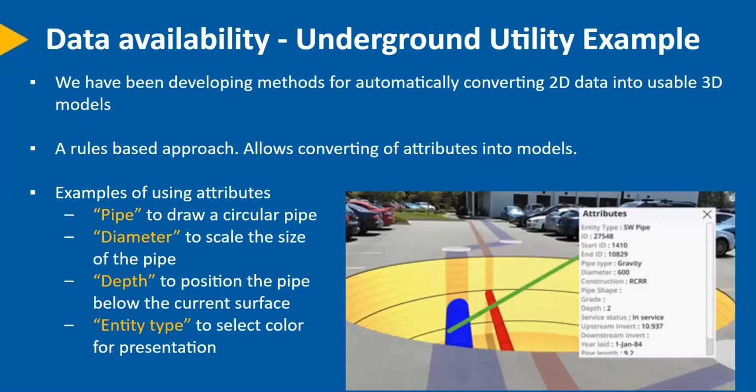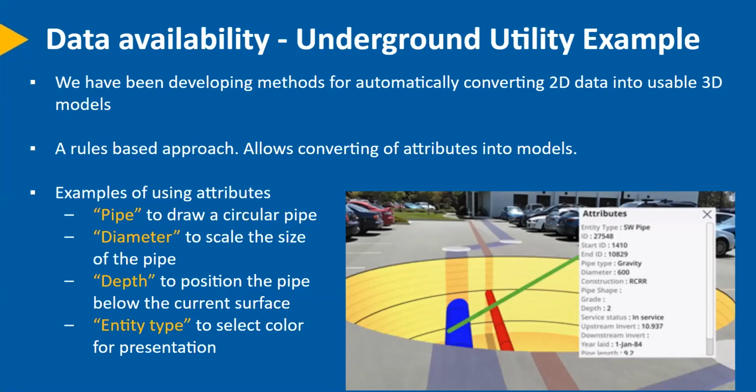And then the depth, of course, is another attribute that may or may not be available in many data sets. Another big challenge is that your data may be horizontally accurate, but to visualize underground assets, that depth attribute becomes extremely important.